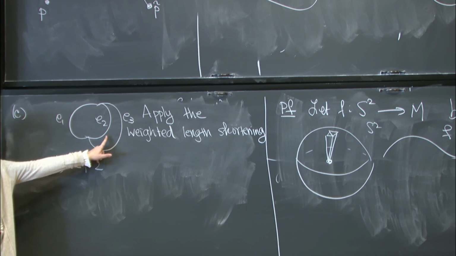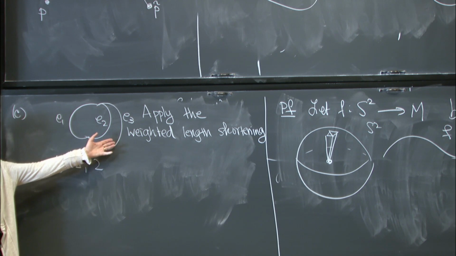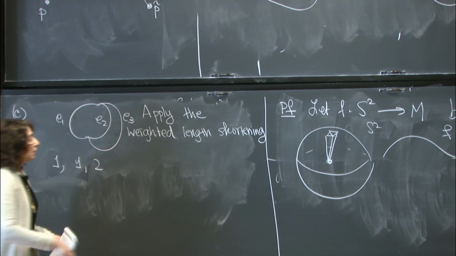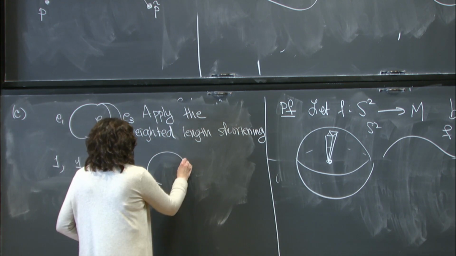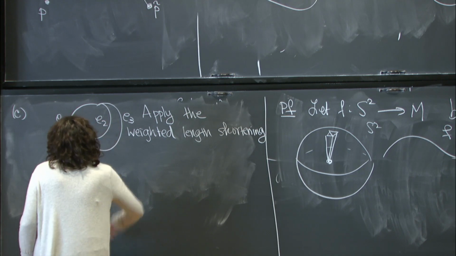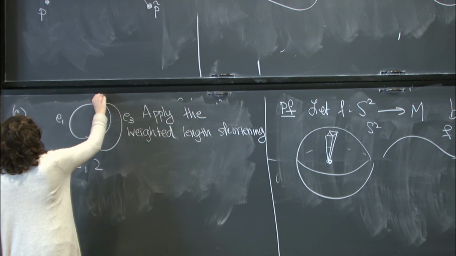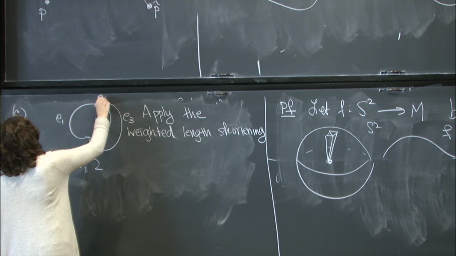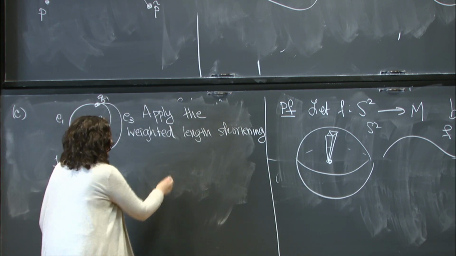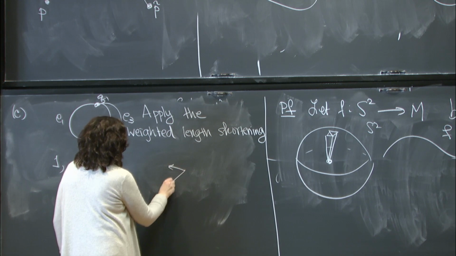So is it possible for me now to converge to a theta graph? It becomes impossible, because if I look at the stationarity condition, let me call this vertex Q1 and this vertex Q2. Let me look at the stationarity condition at the vertex Q1.